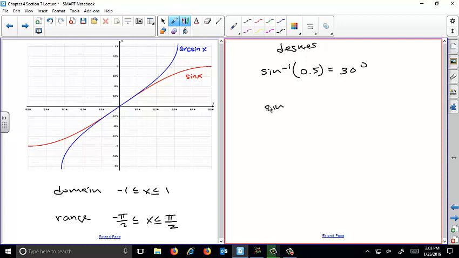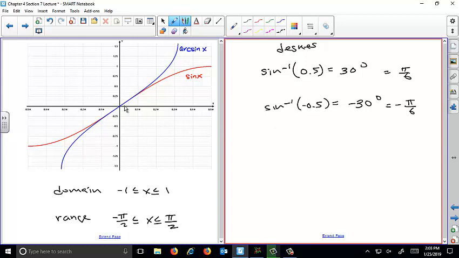If I do the inverse sine of negative 0.5, I'll get negative 30 degrees, which is equivalent to negative pi over 6, while the positive is equivalent to positive pi over 6. So that's why you get positive and negative answers for the sine.